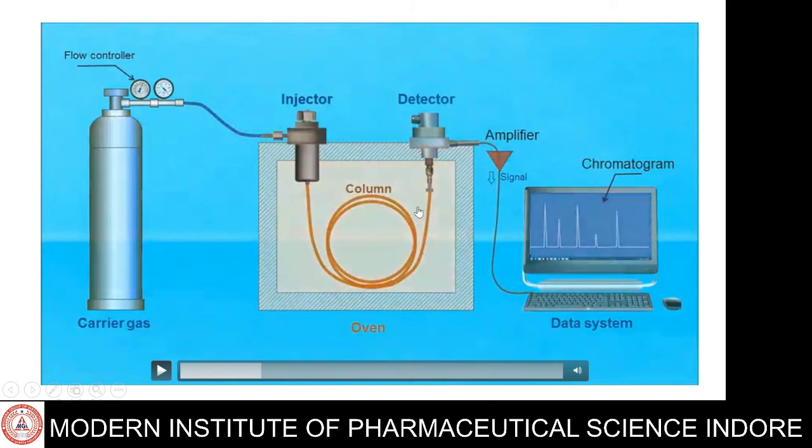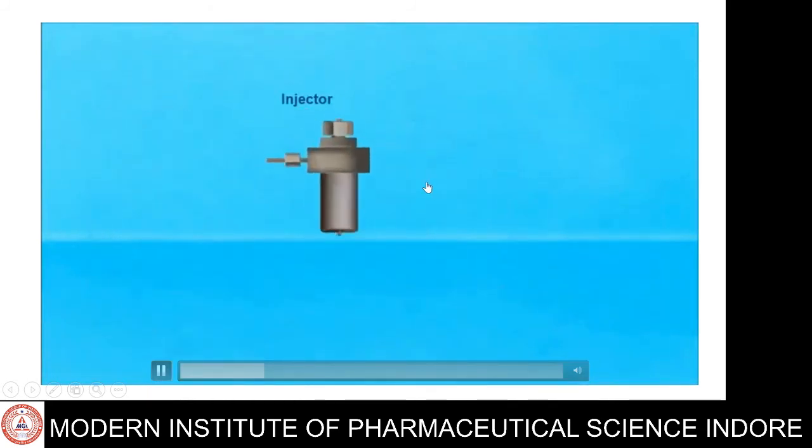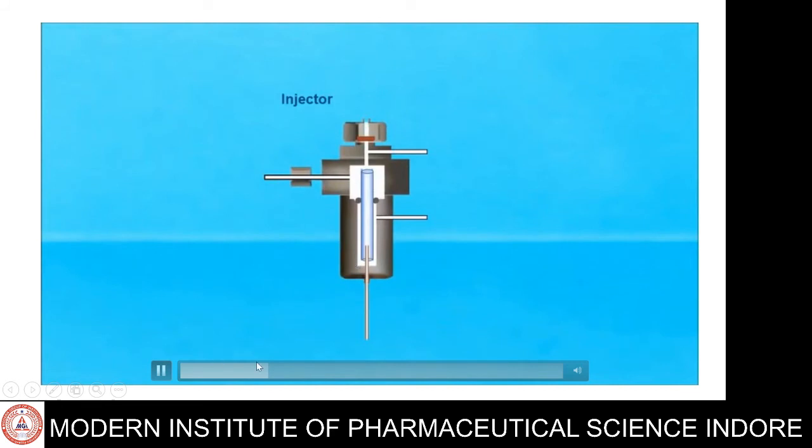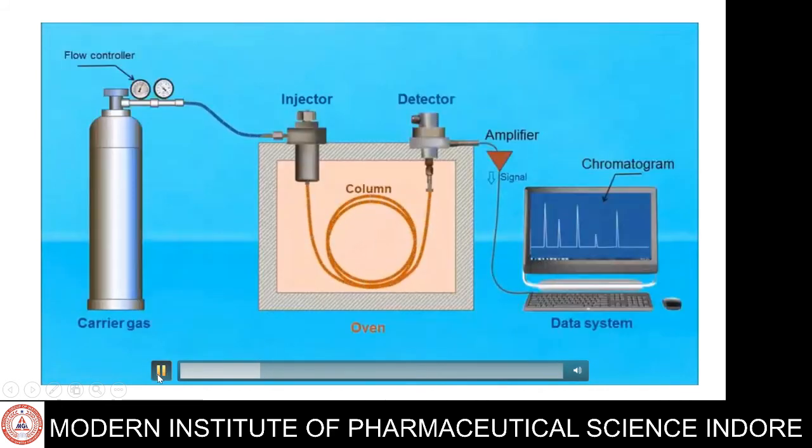The separation column is heated up to 250 degrees Celsius, and it converts the liquid sample into gaseous and vapor form, combined with carrier gas, and this signal is detected by detectors. The detectors give signals to an amplifier which amplifies the results, and the graph is displayed on the recorder.